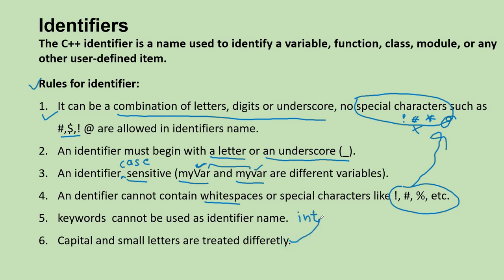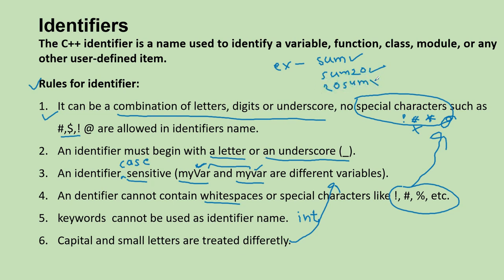Capital and small letters are treated differently. This has been repeated; we have already covered it. Identifier is case sensitive. For example, if I write sum, is it following all these rules? Yes, therefore it is right. Can I write sum20? Yes, still it is following. Can I write 20sum?